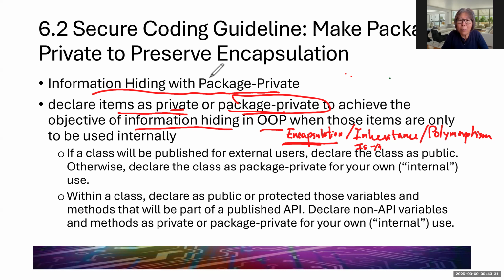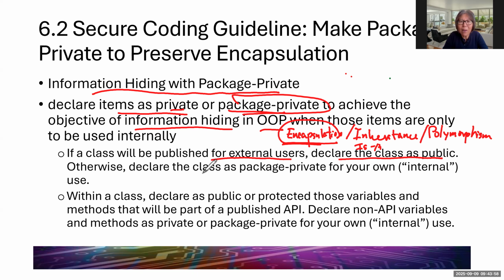And here, when we discuss package private, we discuss the encapsulation. So here are some recommendations regarding preserving encapsulation for the package private concept. If a class will be published for external users, then you declare the class as public.